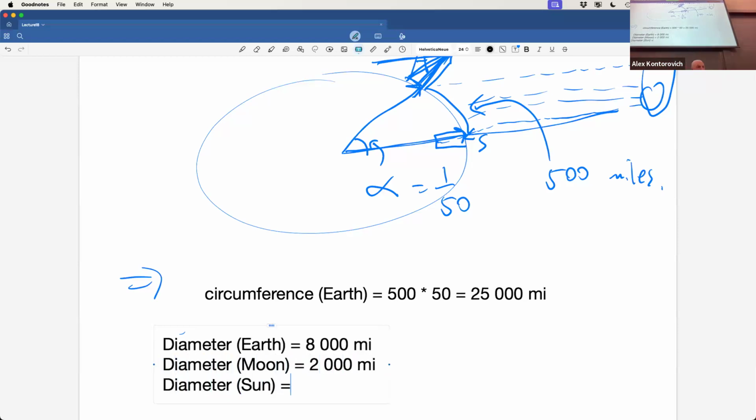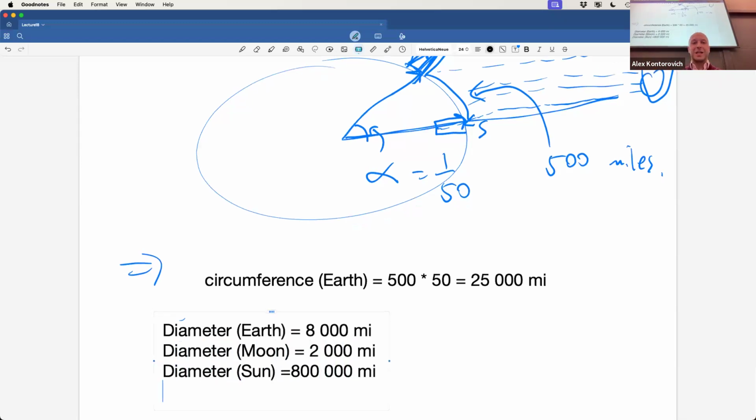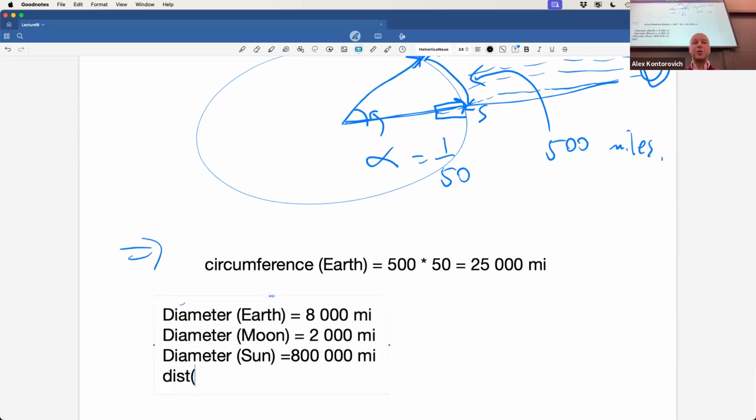What's the diameter of the sun? It's 100 times the Earth. 800,000 miles. What's the distance to the moon? Remember, the ratio of the diameter of the moon to the distance to the moon is this 0.008. That's from the dime. So that's 2 over 250.